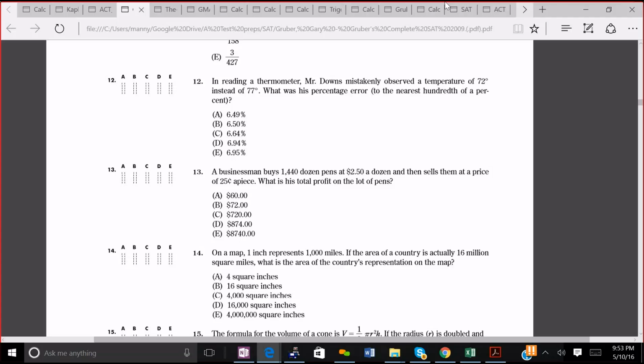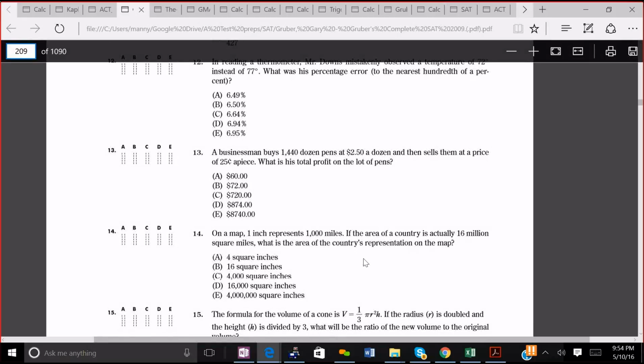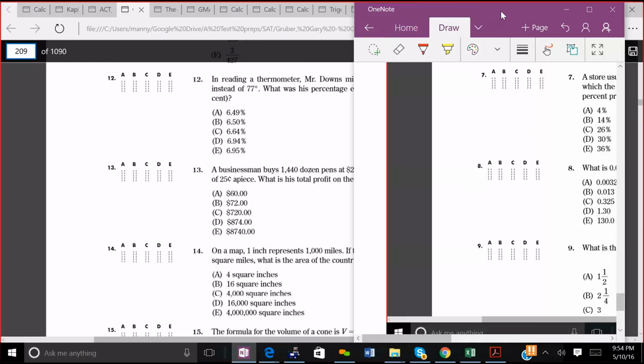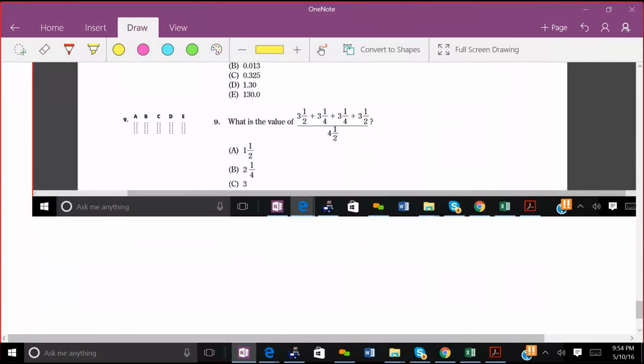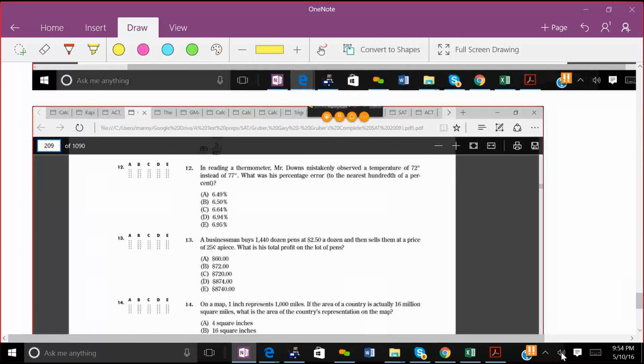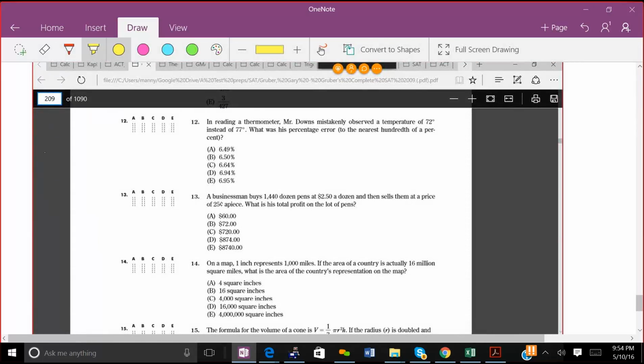5 over 72. You're assuming that just because that's a smaller number, that should go at the bottom. Think about it. So it should be 5 over 77. Exactly. That is very important to see what's happening here. So if you draw a picture, like let me show you, you won't make that mistake.